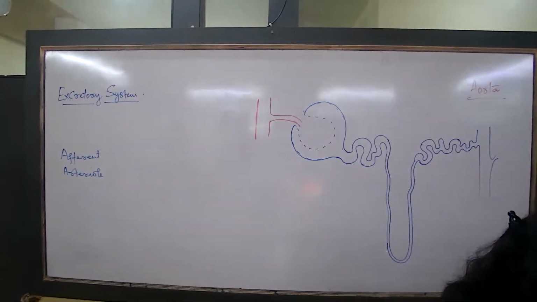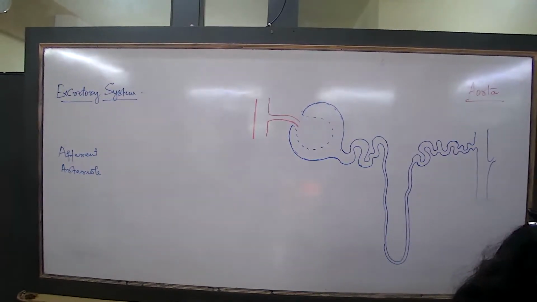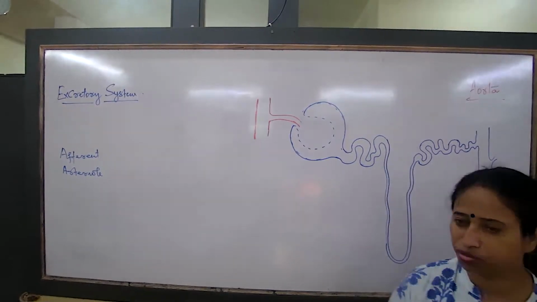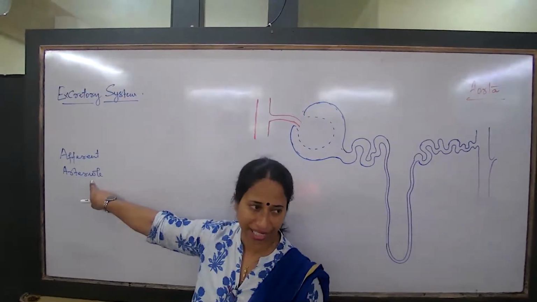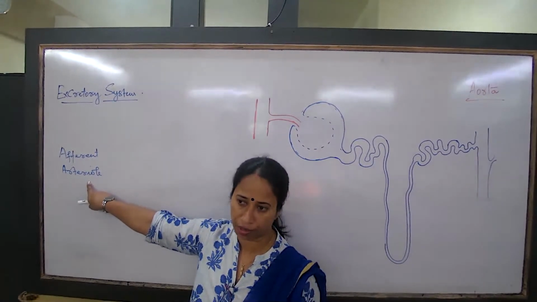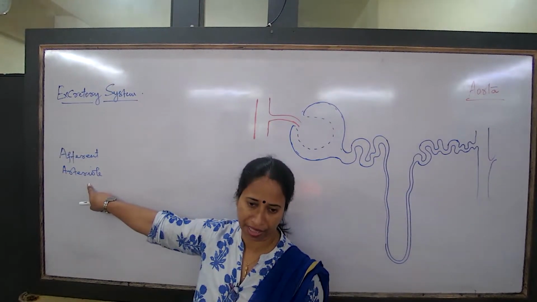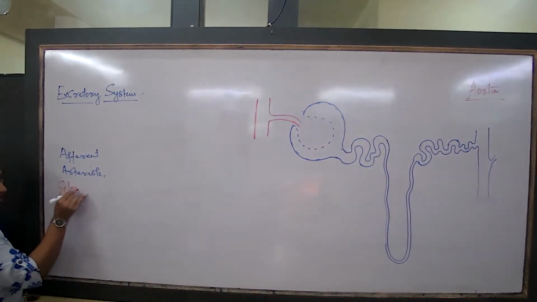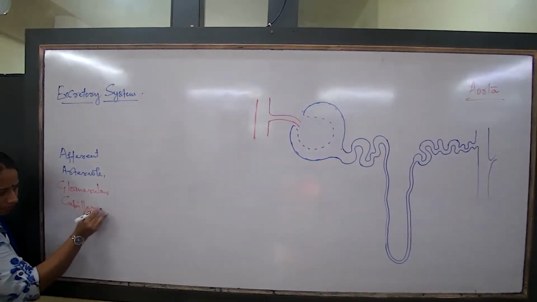Renal artery, branch of aorta, which divides further to form the efferent arteriole, comma, and the glomerular capillaries.